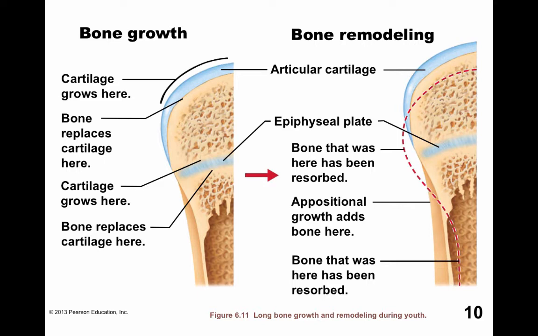Then bone has been removed on that initial outside surface, so that you can make the area closer to the diaphysis a little smaller. And they've removed some of the bone, or reabsorbed it, in that medullary cavity.